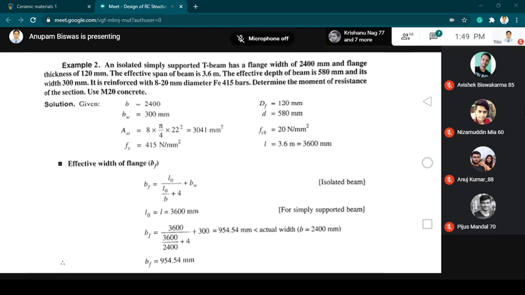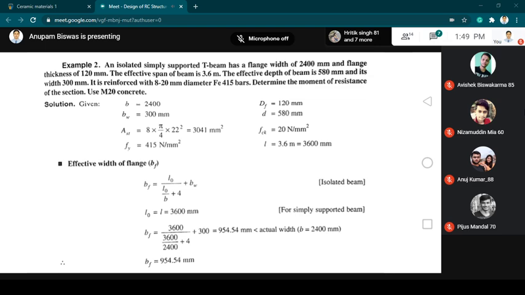So this is the condition for isolated beam, the value of bf, the width of flange. Okay, the effective width. So from here, you can get the value of bf, so that is coming 954.54 mm.